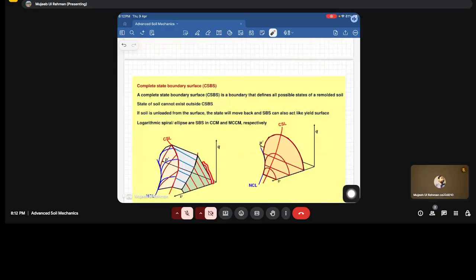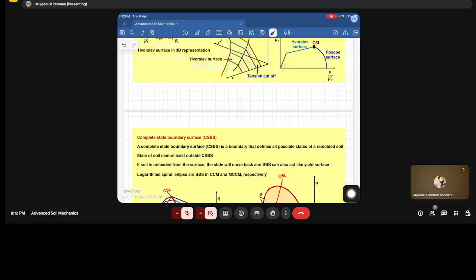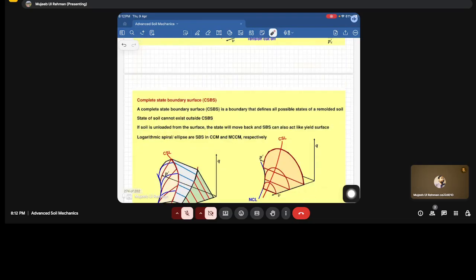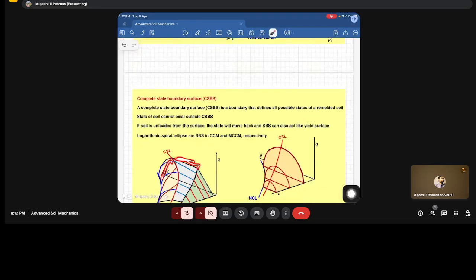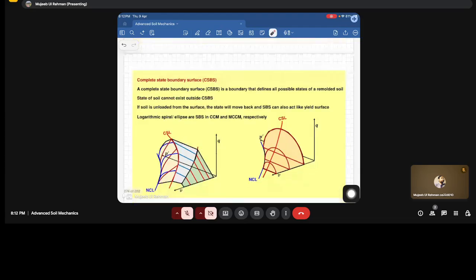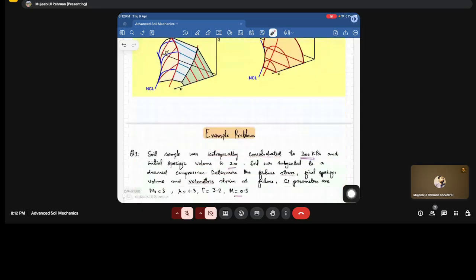We have the Hvorslev surface here, and we have the Roscoe surface here. This is the complete bound that we have for all possible states of the remolded soils. So if we talk about the CCM and MCCM, these are the curves that we obtain for the boundary surfaces. Fine. Then we solved a few numericals.